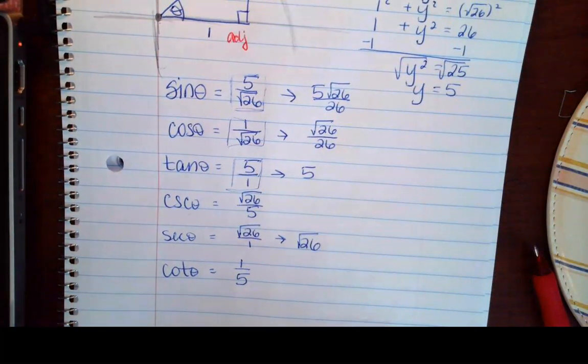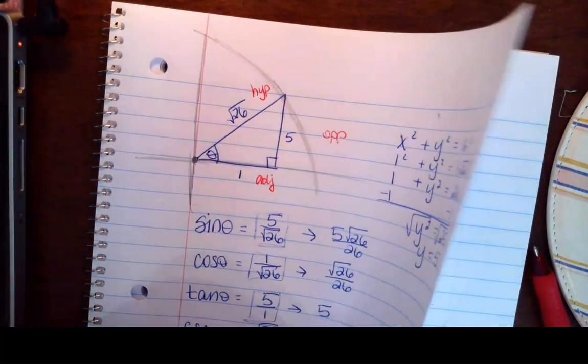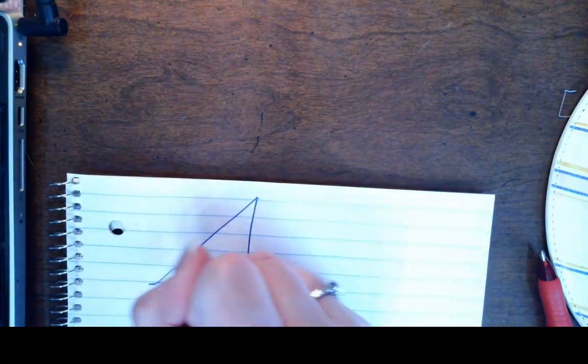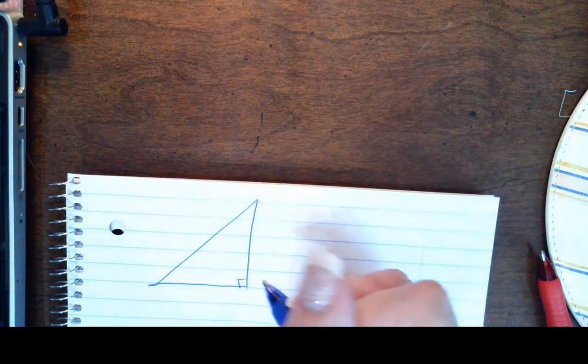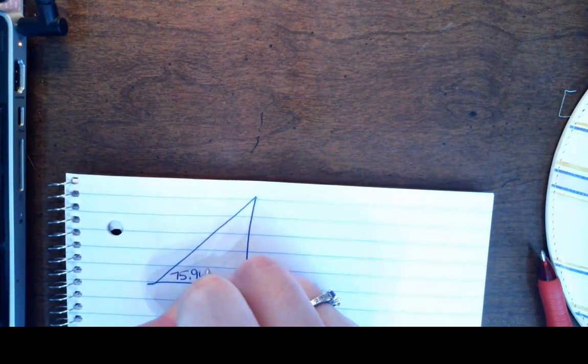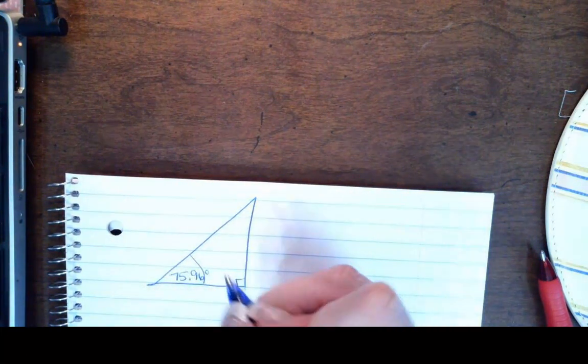So now we have a unique circumstance, and this one you're going to need your calculator for. Remember, you're allowed to use a scientific calculator, not a graphing calculator. Okay? So I am given this triangle. So I've got 75.96 degrees for my theta.